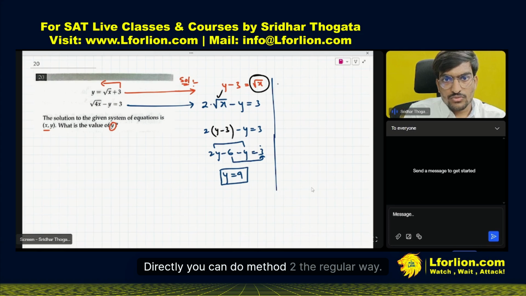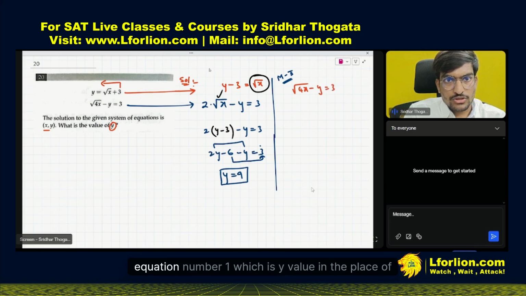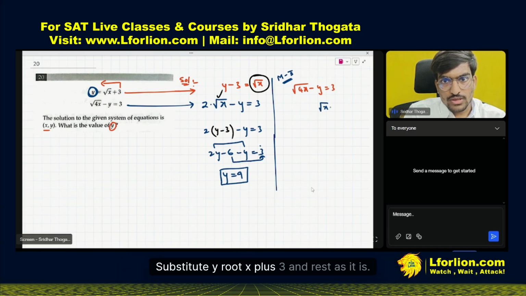You can do method 2 the regular way. Write the second equation, root 4x minus y equals 3, and substitute the y value from equation number 1. In the place of y, substitute root x plus 3, and the rest as it is.